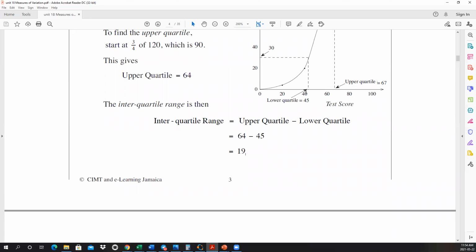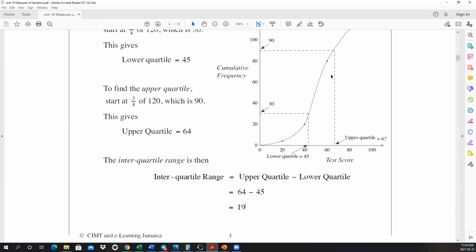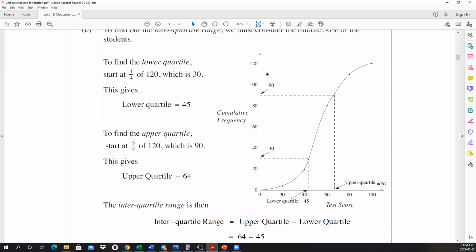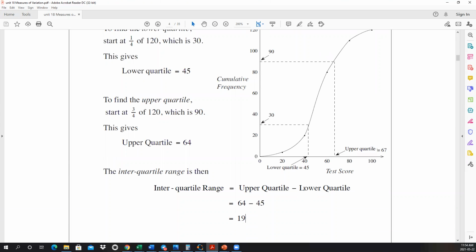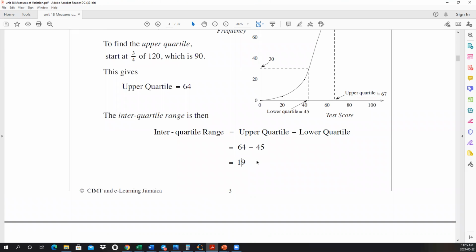And then you take the difference between the top 25% and the bottom 25%, upper minus lower, and you get the difference. The interquartile range is the difference between the upper quartile and the lower quartile.